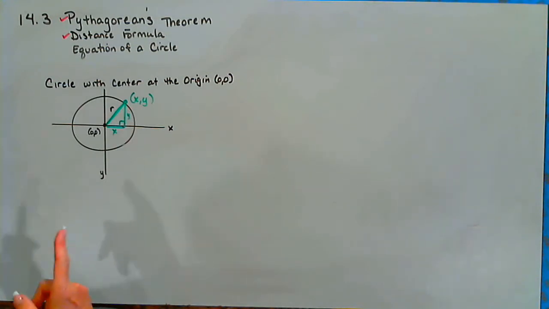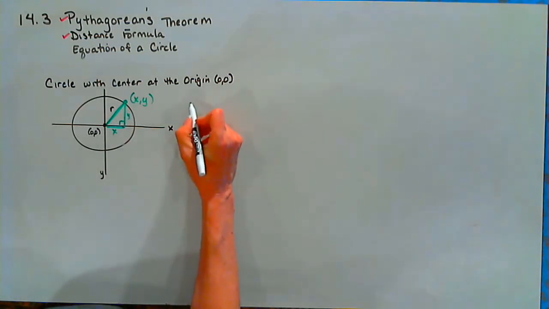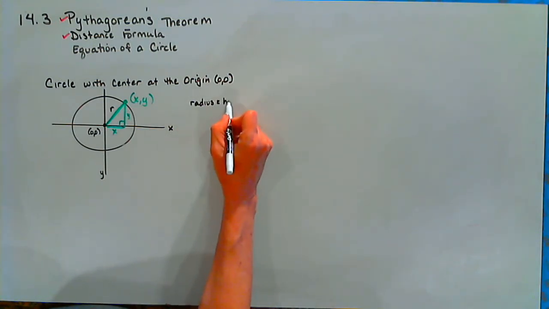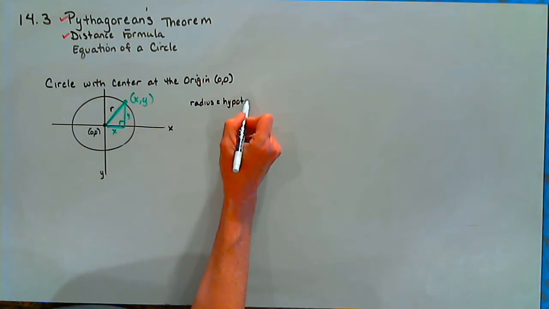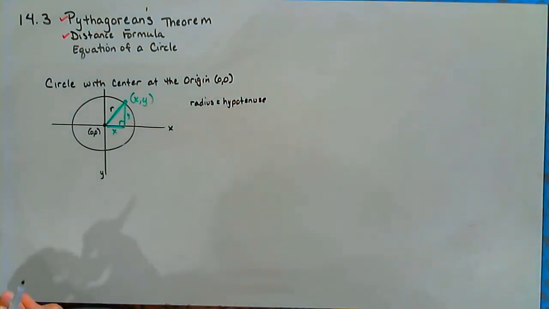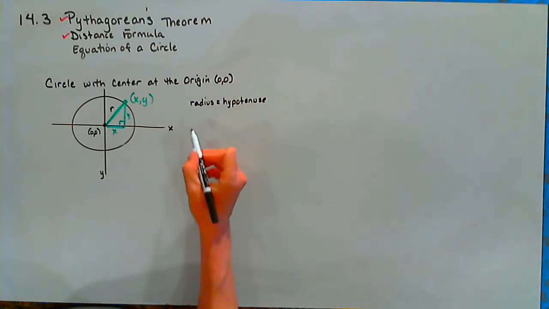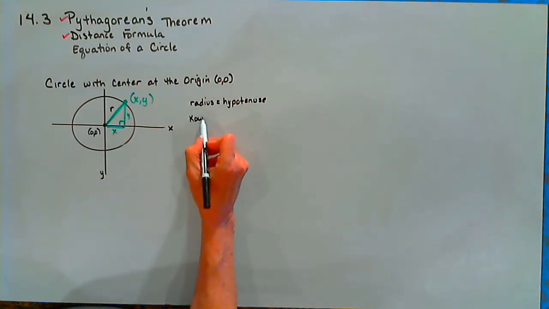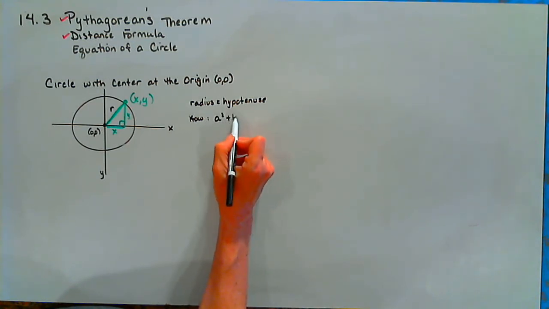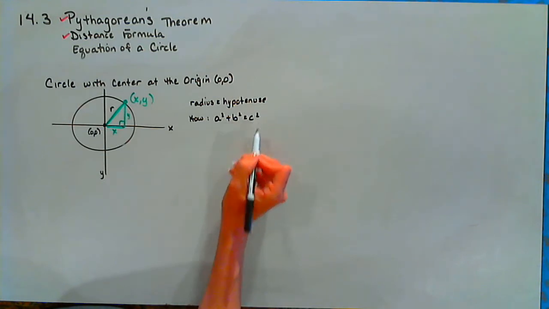So you'll notice the radius of the circle is exactly the same as the hypotenuse of the right triangle. Well, if it's a right triangle, we know a squared plus b squared equals c squared.